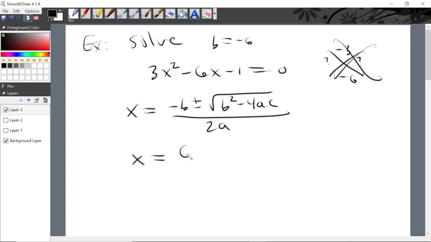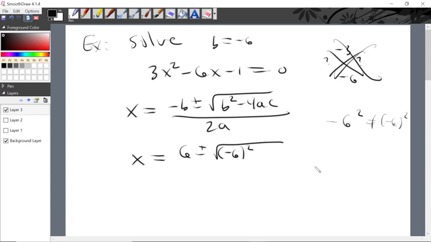So we have x equals 6 plus or minus the square root of, now we've got b squared. Remember, b was negative 6, and we are going to square it. But I want to make note, we are putting parentheses around this negative 6 because we are multiplying negative 6 times negative 6. If the parentheses weren't there, this would equal a negative number. If we write negative 6 squared, that is not the same as writing negative 6 quantity squared.